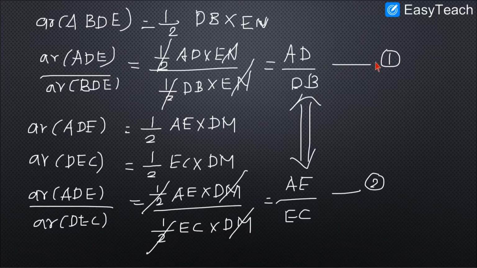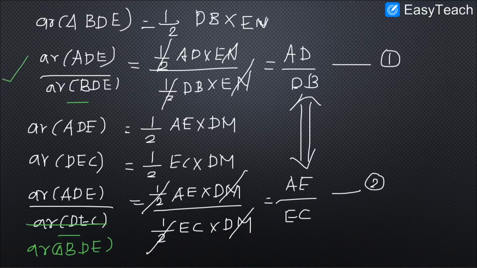Remember this. Let's move to our equations. So here is the first equation. Look at the LHS: area of ADE. Look at the second equation, area of ADE. Look at the denominator. Here we have area of BDE, here we have DEC. Since these two areas are the same, we can substitute for this area of BDE.